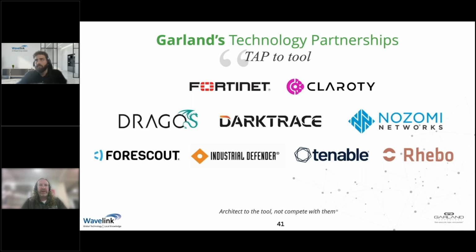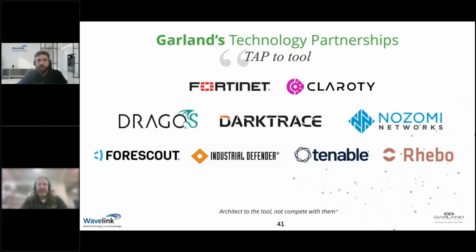We look at where you want to start. What's the most critical part of your network? Where do you want to get visibility? And we design solutions to the security tool you're deploying. So if you're deploying Clarity, as an example shown on the screen here, we're going to take the approach to figure out the best way to get what Clarity needs to do its job.